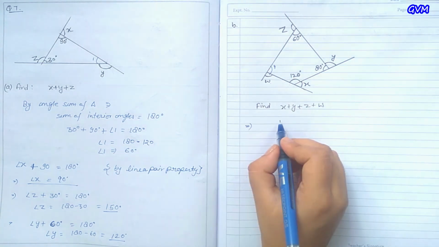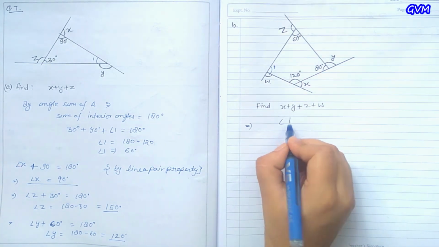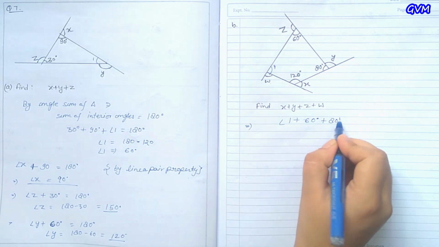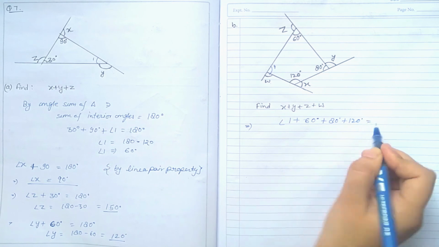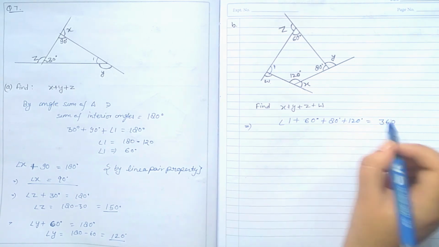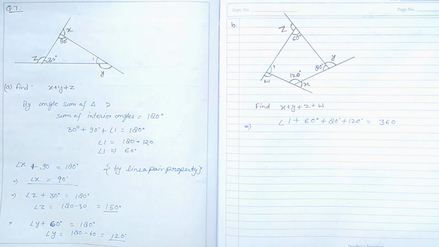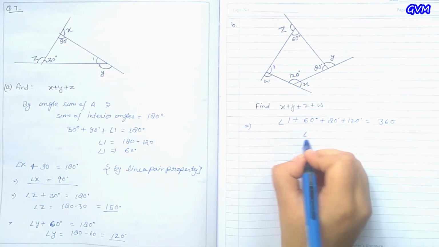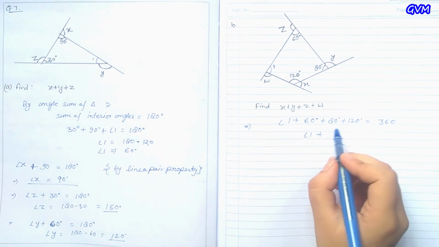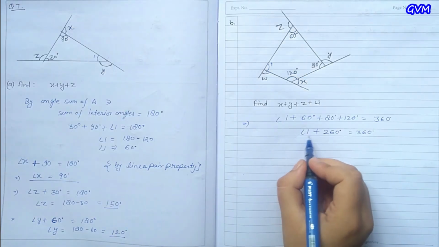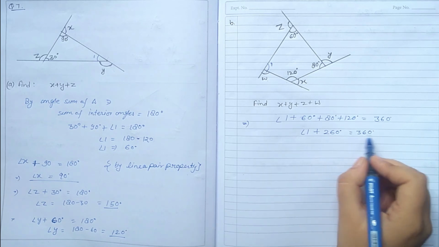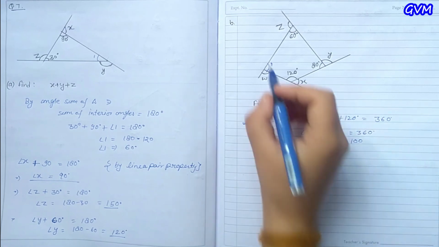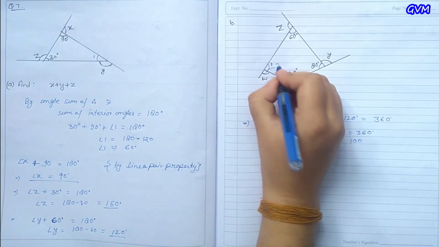So angle 1 plus 60 plus 80 plus 120 is equal to 360, as we know that in a quadrilateral the sum of all the angles is 360. So angle 1 plus, adding these 3 angles, angle 1 plus 260 degrees is equal to 360 degrees. So from here angle 1 is 100. That means this angle is 100 degrees.